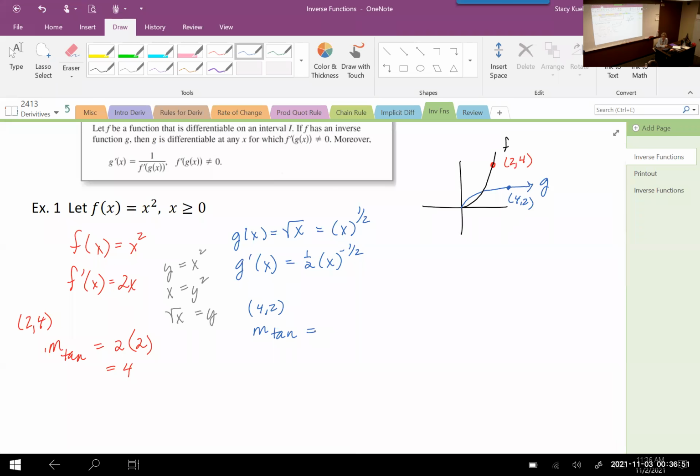Find the slope of the tangent line for the inverse, g, at 4, 2. So g prime. What do you get, 1/4?